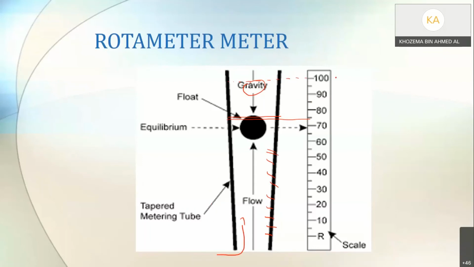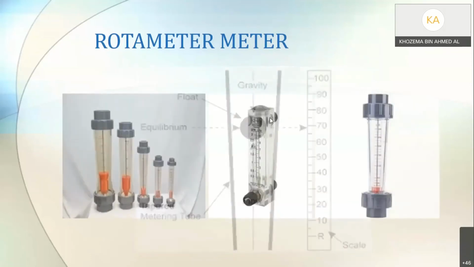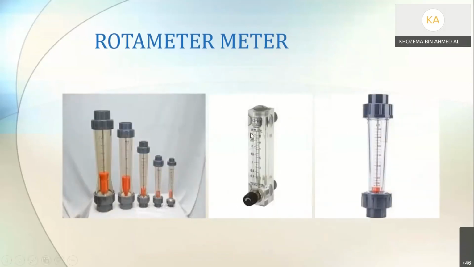If you have a flow up to, let's say, 1000 meter cube, you will have a different scale. These are some examples of how a rotameter works. You can have a small one, from 0 until 1 ml, or you can have 0 until 1000 liter, depending on your flow rate.